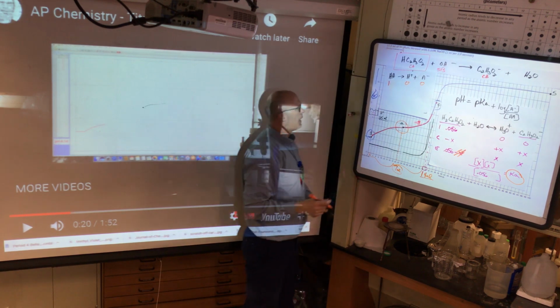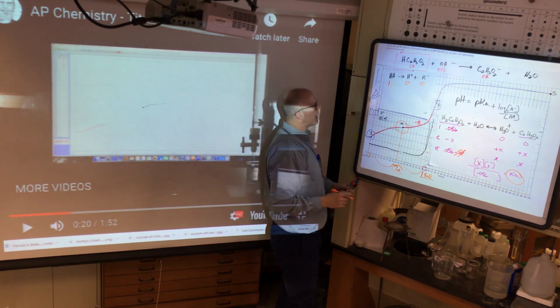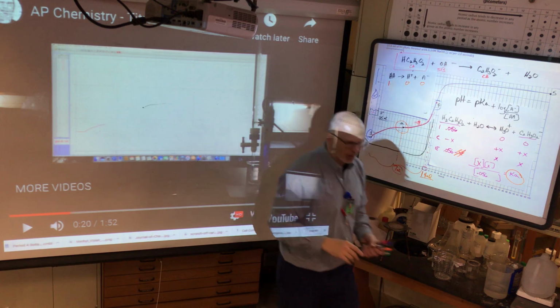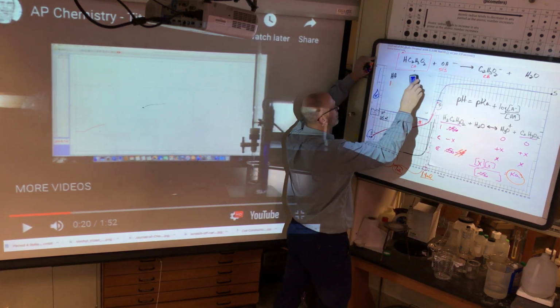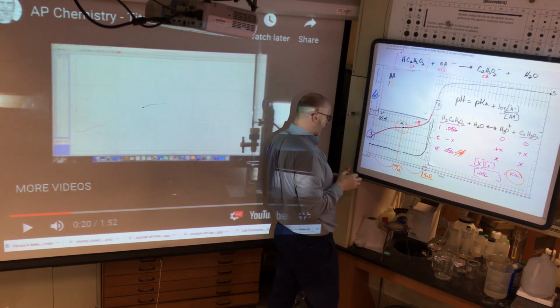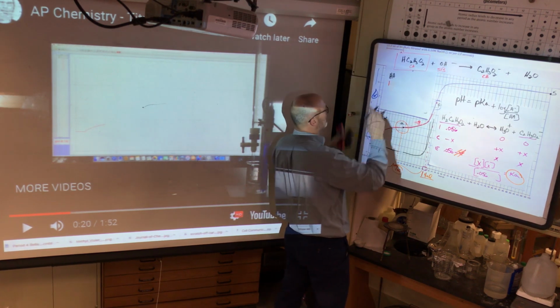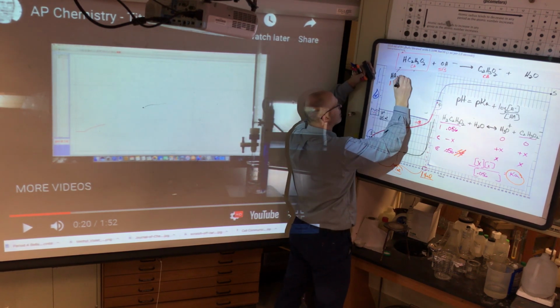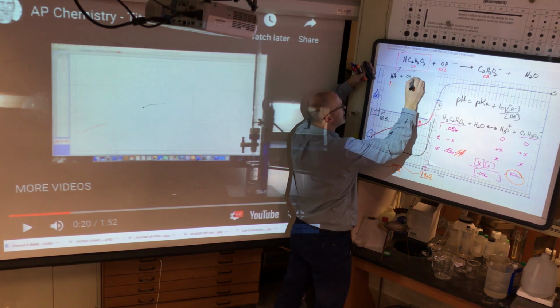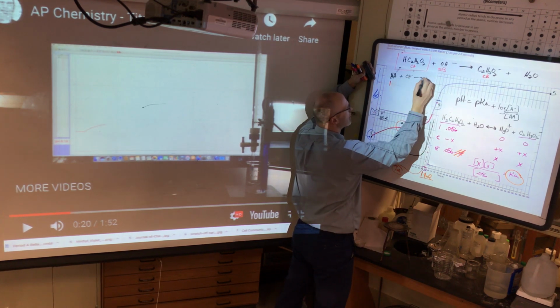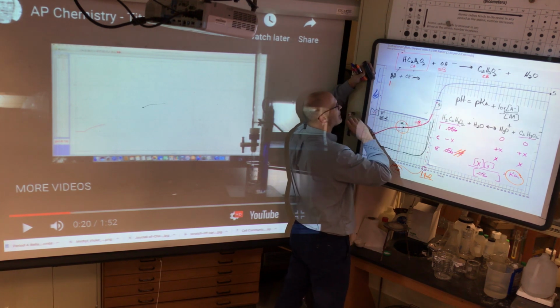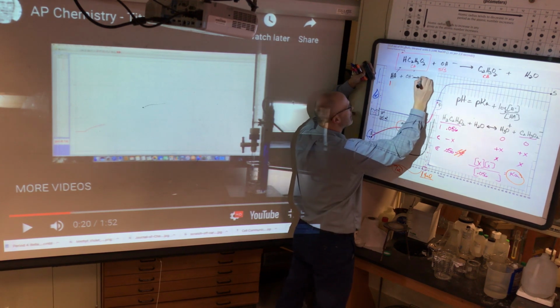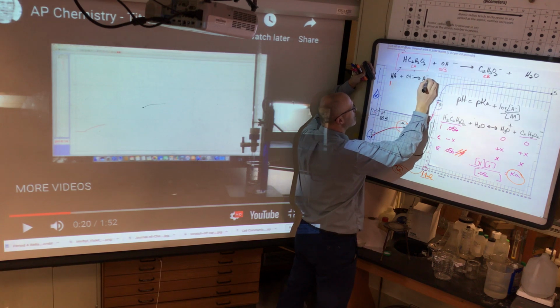Okay, now, when I add, because it's not going to do it by itself, right? So I'm going to need something to pull it forward. So I have my strong base, weak acid, that's what we're doing here, plus the hydroxide is going to give me what? Equals A negative, conjugate base, plus water.